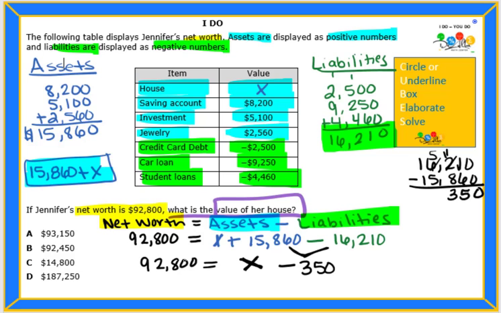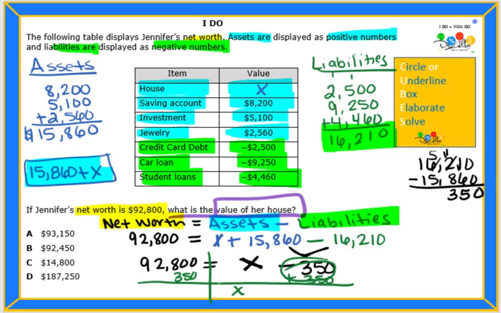So what we can do is we want to do the opposite. Remember, we do the inverse operation. So we're going to add 350. But whatever we do to one side of an equation, we have to do it to the other. Very important when solving equations. 350 and negative 350 make 0.